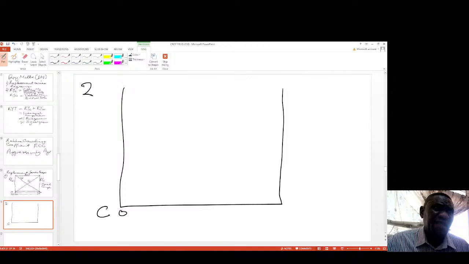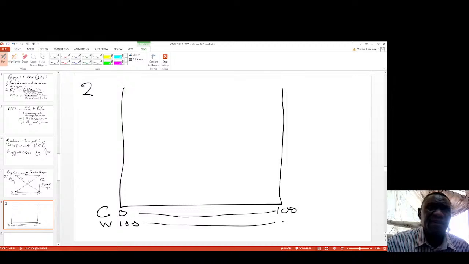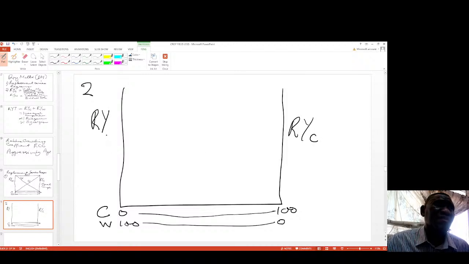Again, we have our C. Now for the crop, we may have something like this, which is a departure.